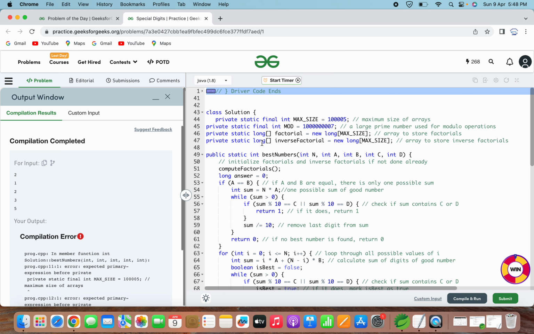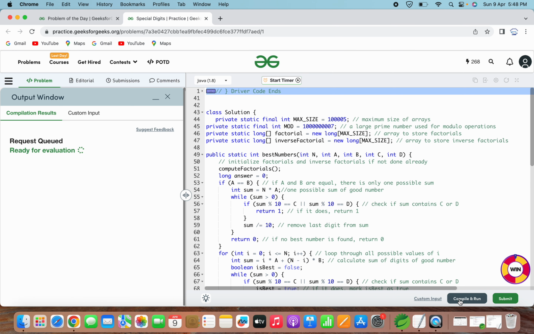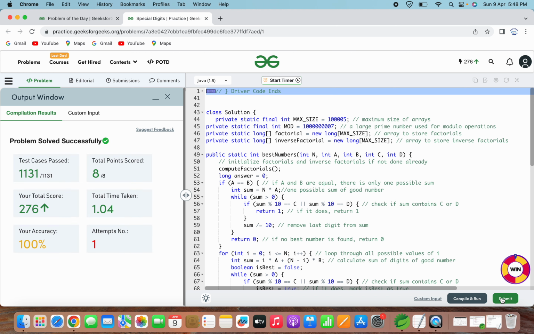Yeah, this is in the Java editor now. So now let's try compiling this code. Here we can see we have got the correct output. Let's try submitting the solution. Here we can see we have got all the test cases covered. So this problem has been solved successfully.